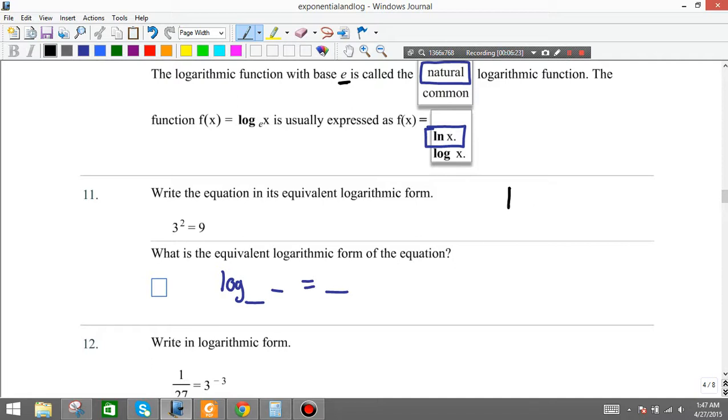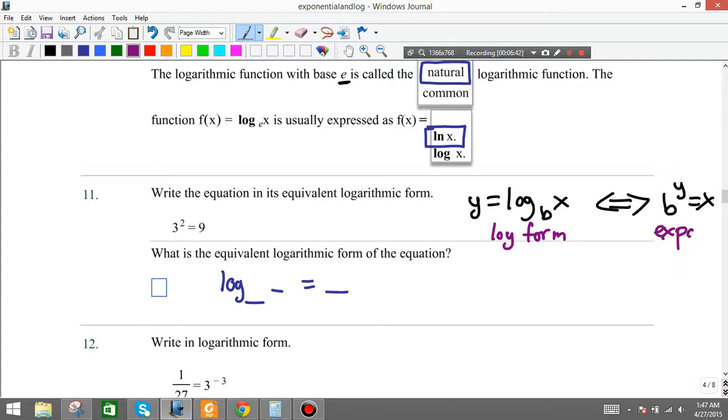Now we wrote earlier that if y is equal to log base b of x, then that means that b to the y is equal to x, and so this is called log form, and this is called exponential form. Right? So the base is b, the power is y, and this is 9.